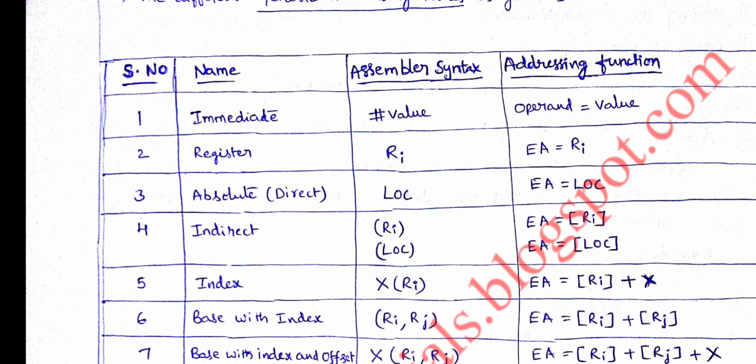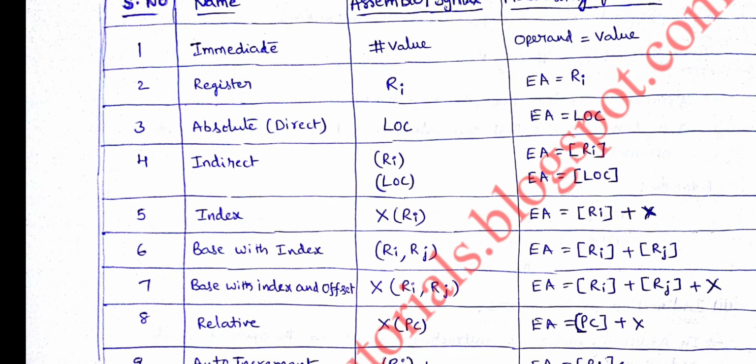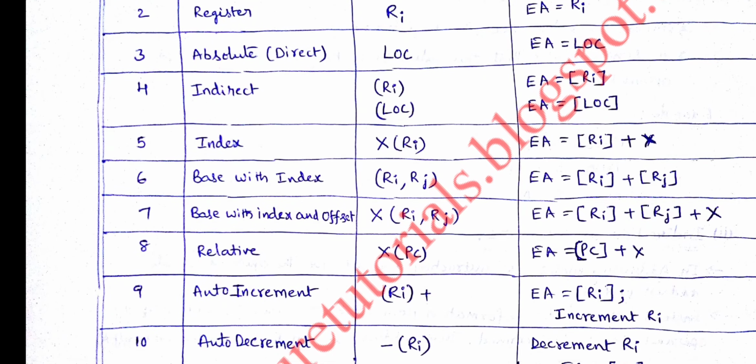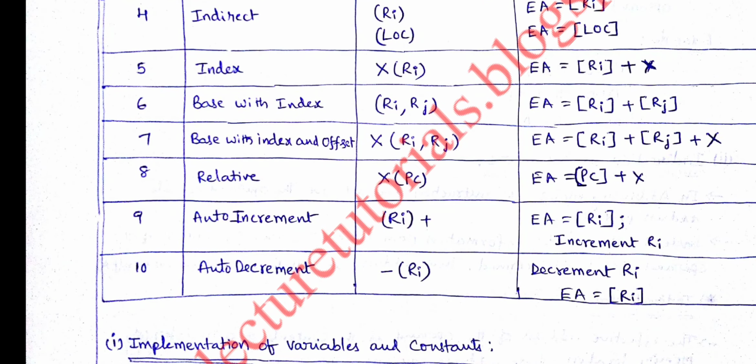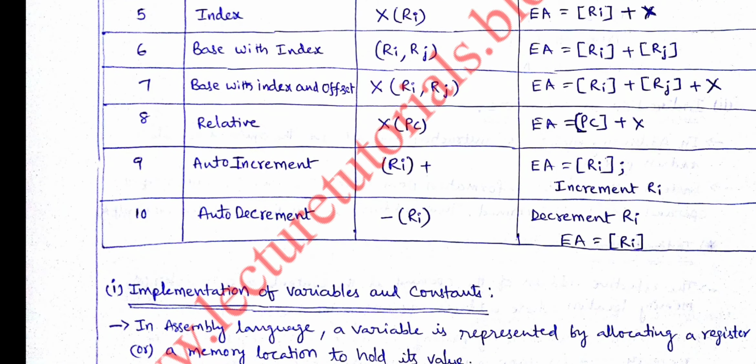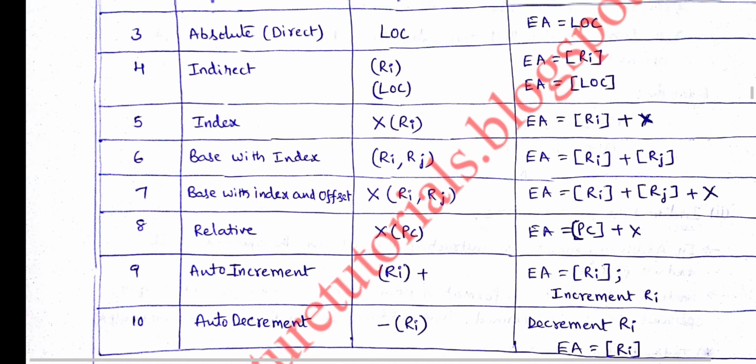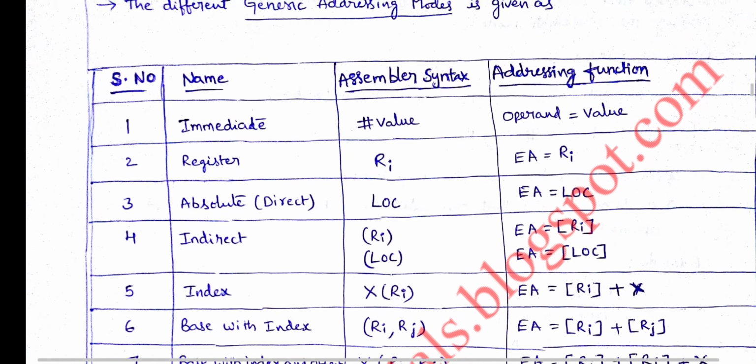One more time: immediate addressing mode, register addressing mode, absolute, which we can also call direct addressing mode, indirect addressing mode, index addressing mode, base with index and offset value, relative addressing mode, auto increment, auto decrement. These are the 10 different types of addressing modes.